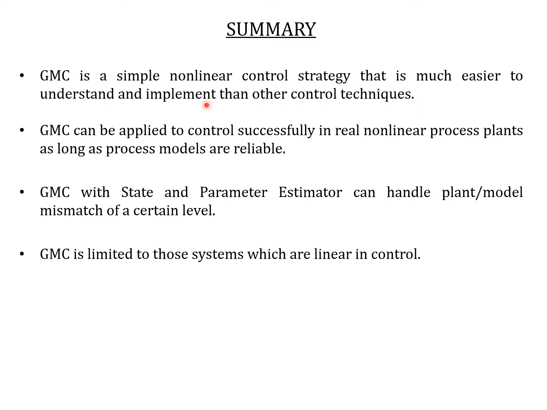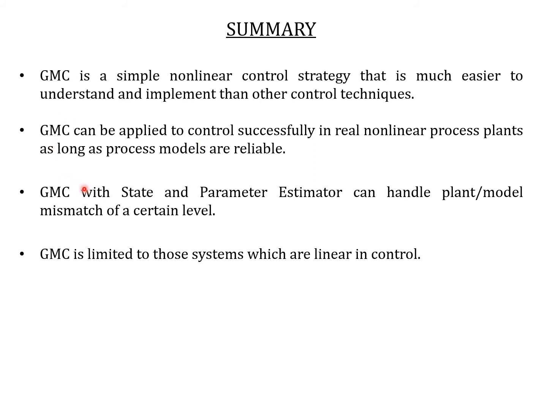If the model is complex, then the formulation is slightly complex, but if the model is typical, we can easily use that formulation. GMC can be applied to control success in a real nonlinear process as long as process models are available. That's again the issue. It has been done in real plants, as long as we have a reliable process model and we are able to measure the parameters and so on.